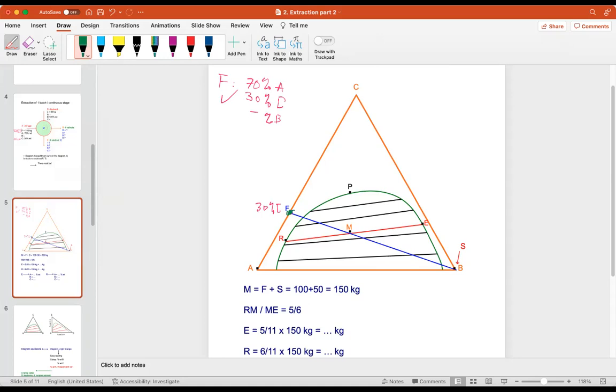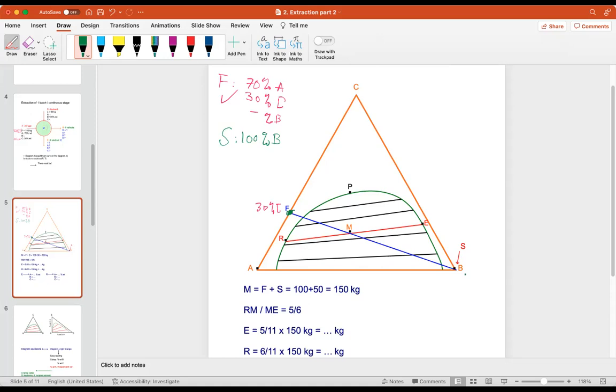The next one is the solvent. The solvent is 100% B, so find where is 100% B. This one. Got it?